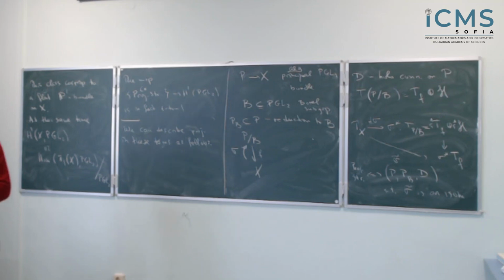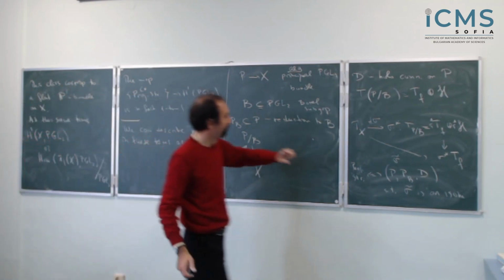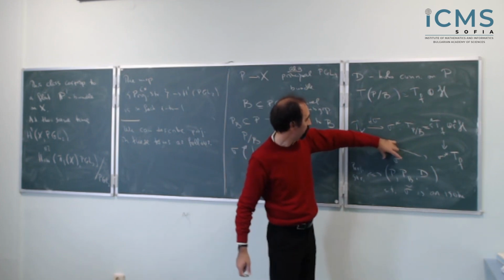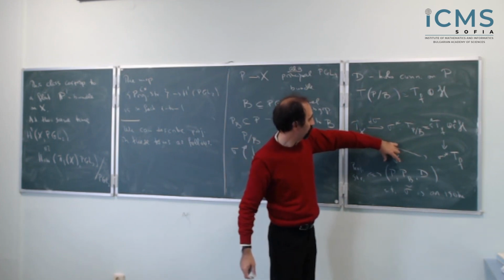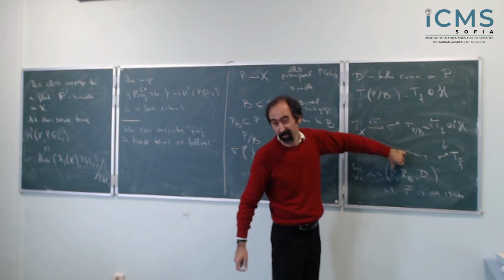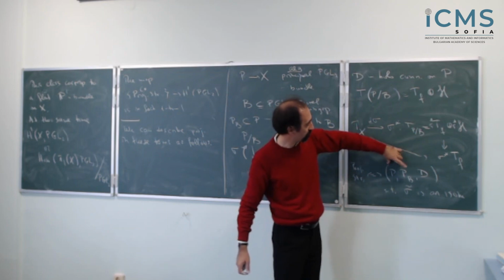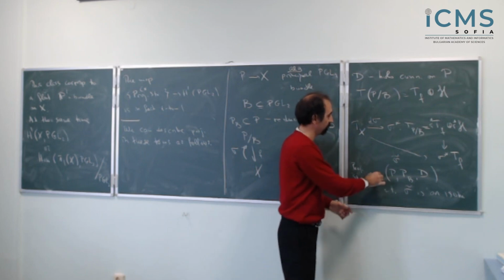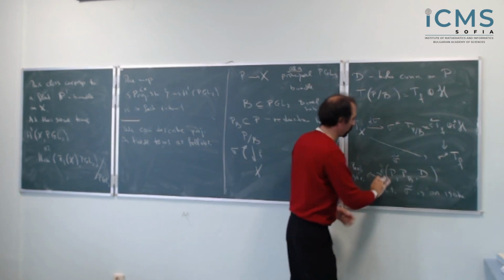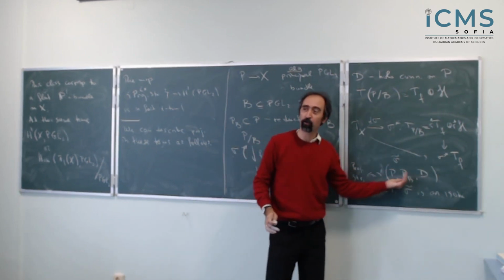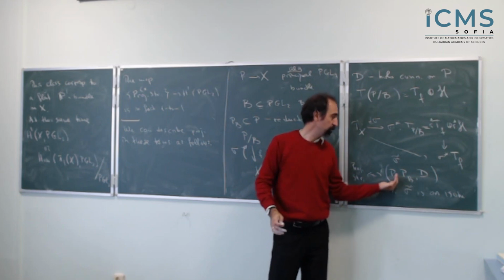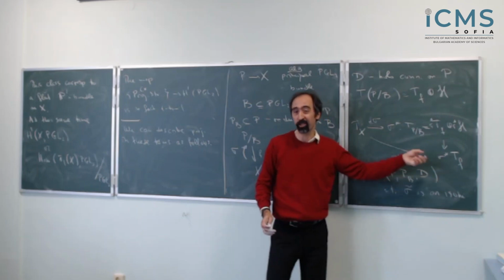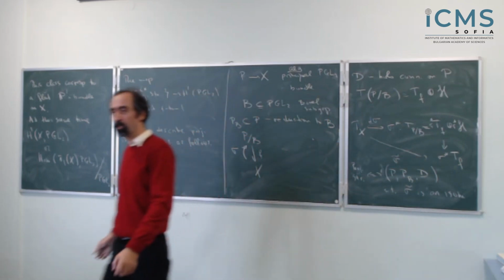It would turn out actually that if you're looking at all such possible data, the bundle P is essentially uniquely fixed, and the only freedom we have is in changing the connection.